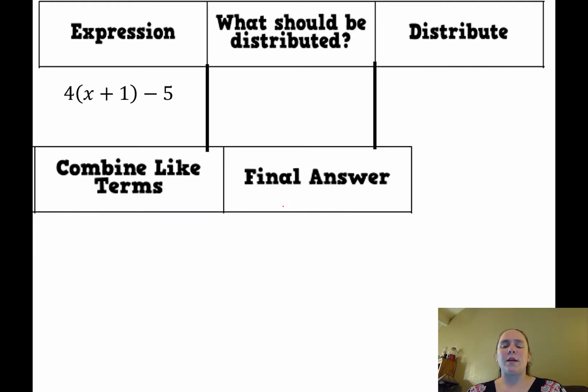All right, looking at another one. I've got 4 times x plus 1 minus 5. What am I going to be distributing here? In this case, 4. So I get 4 times x plus 4 times 1.